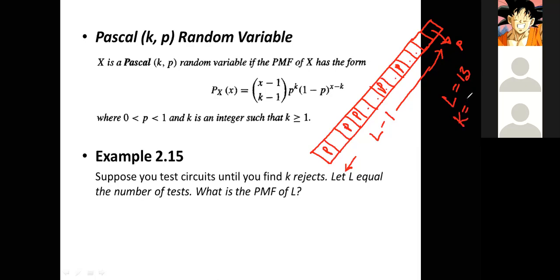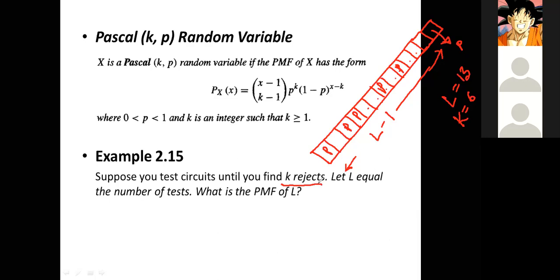What is K? K equal to 6. Oh, wait. How many P's are there? 1, 2, 3, 4, 5. And the last one is a P. So 6 P's. The last one is a reject. So how many total rejects? 6 rejects, isn't it? So K rejects, yes.